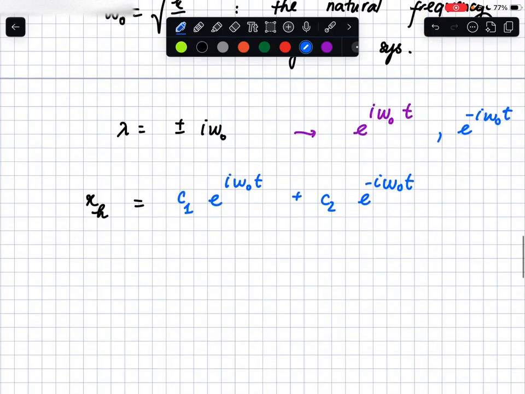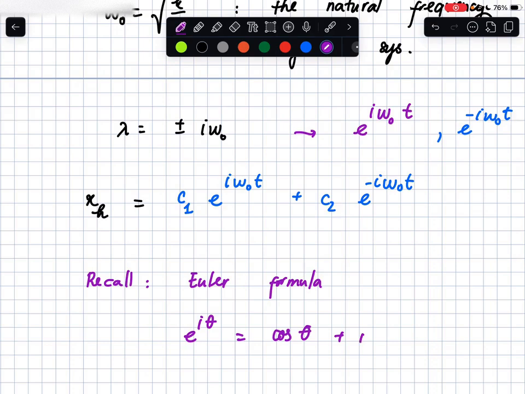You can write this in terms of sine and cosine using the Euler formula, e to the i theta equals cosine theta plus i sine theta.